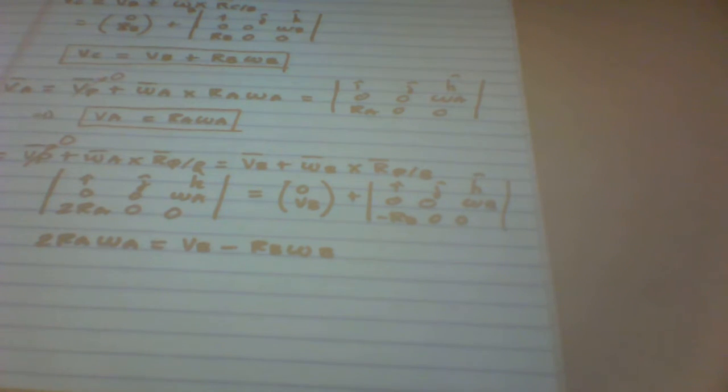Sorry. What I'm trying to see now is if I can combine this to find a relation. So I could substitute this VB into here and see what happens? Sure, but that's not what I want to do. I want to find, because if this is 0 over here, and I find a relation between omega sub A and omega sub B, would that help take us anywhere?